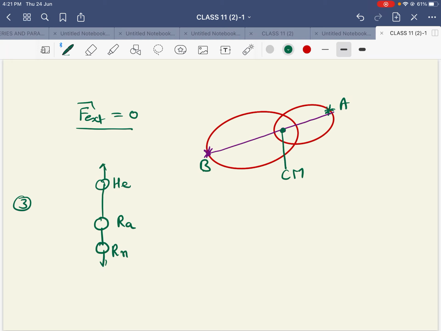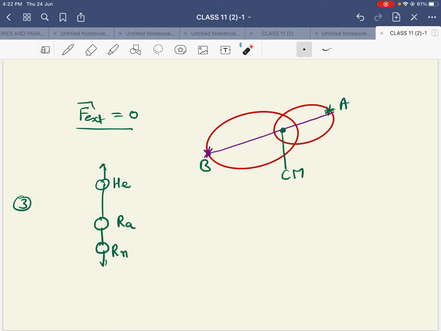The forces leading to the decay are internal forces, because there is no external force acting on this. The decay is possible only because of the internal forces. External forces on the system are negligible, so the total linear momentum of this system will remain the same before and after the decay.